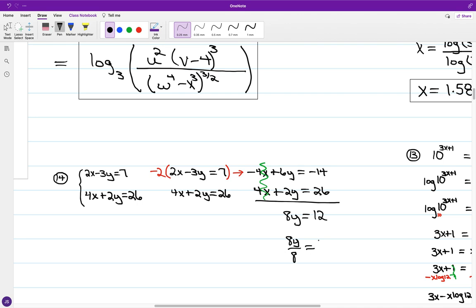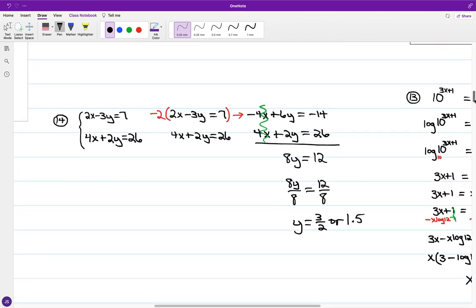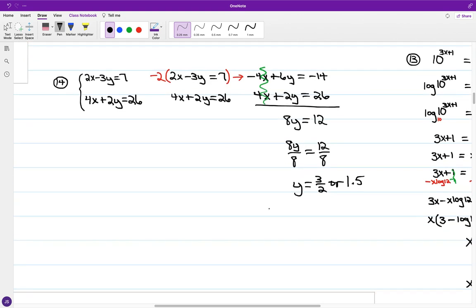Dividing by 8, y equals 12 eighths. You can say y is equal to 3 halves, or as a decimal, 1.5. Whether you write it as a fraction or a decimal, either approach works. Now, solving for x, I can plug in 1.5 for y in either equation.